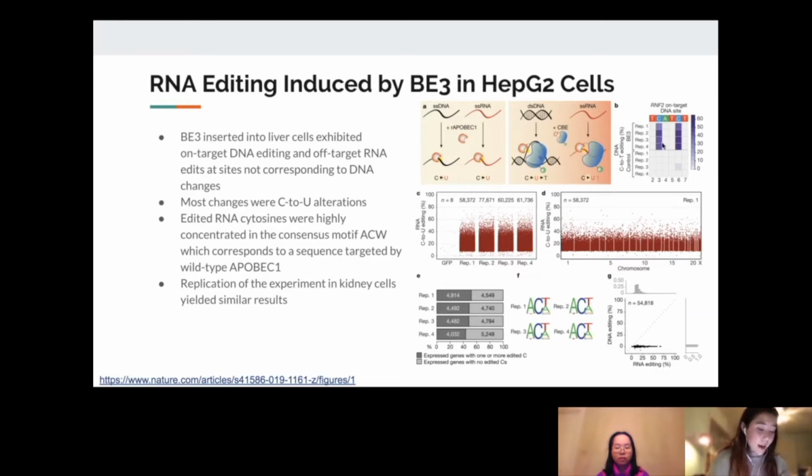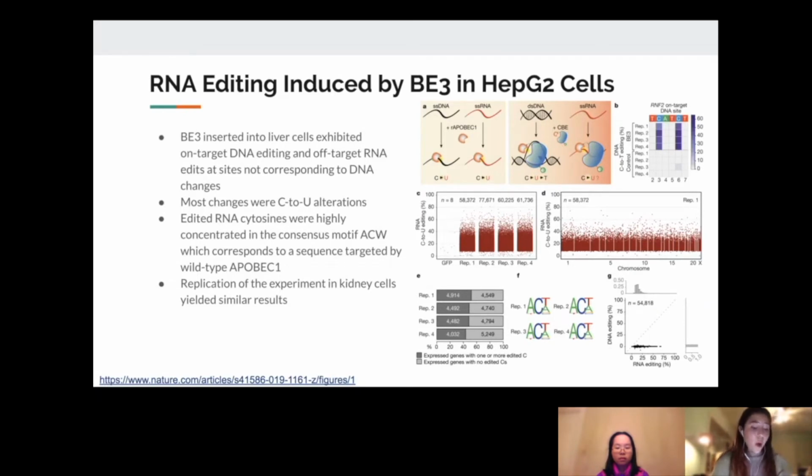The next thing that happened was that RNA editing was assessed using targeted RNA amplicon sequencing to look at the cytosines in the ApoB transcript. And these results showed that many of these RNA cytosines were transformed due to this CBE, both within and outside of the DNA target sequence.